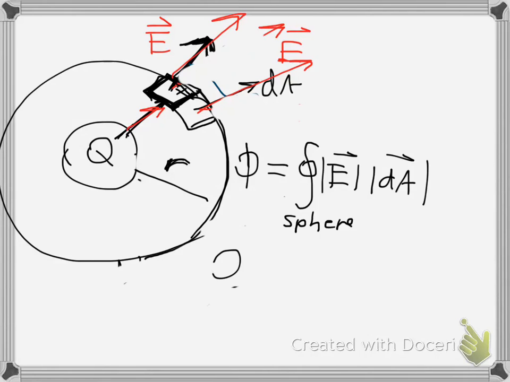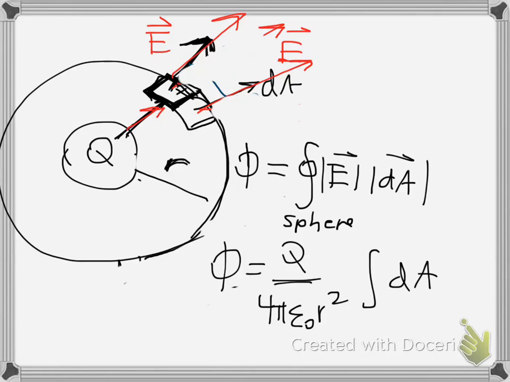So we have that the flux equals q divided by 4 pi epsilon 0 r squared times the integral over the sphere of dA. The integral over the sphere of dA would just be all the little dAs on the sphere, so it would just be the surface area of the sphere.